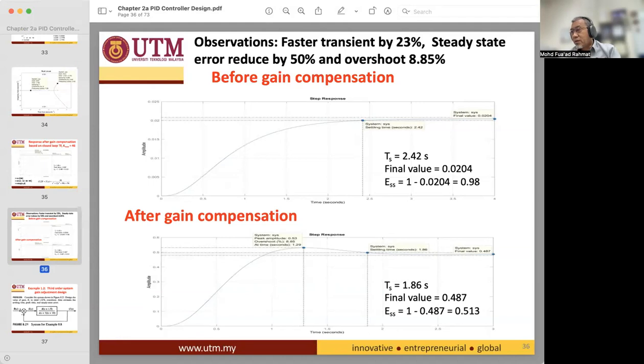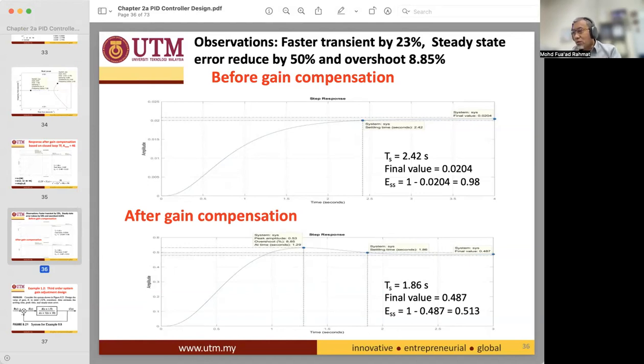Therefore, we plot it. Then we may calculate the error. The gain over here is 3.5. So we insert here. Don't forget to insert the K value. The student let this one as 1, so actually it's wrong. You have to insert the 3.5 inside the formula. Then the KP is 3.5, so 1 over 4.5 is 0.22.